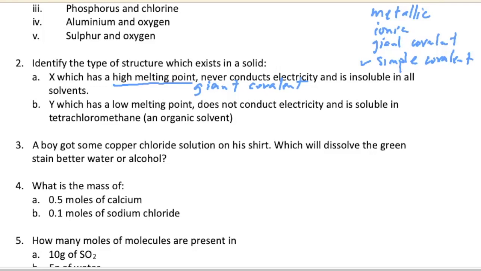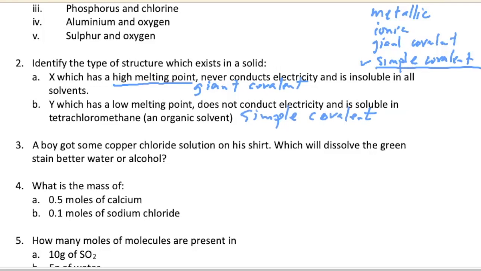So tetrachloromethane is an organic solvent, just like acetone. So we know like will dissolve like. So this one would give us simple covalent. So we just have to revise the structure and properties of the different structures of solids that we can have.